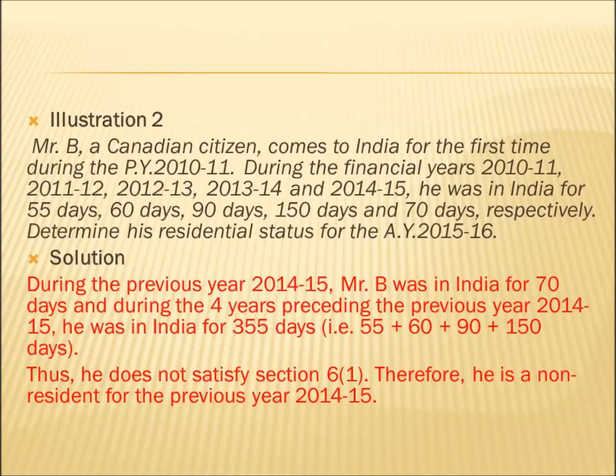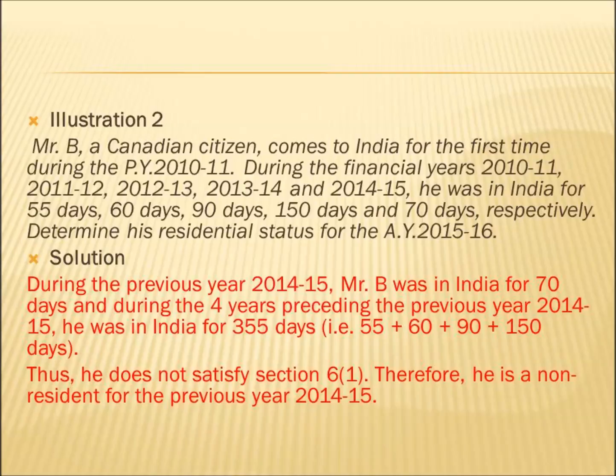And what was the second condition? The second condition was that he has been in India in the 4 years preceding the previous year for 365 days or more, and in the previous year for 60 days or more. So, during the previous year, he was in India for 70 days. So, the 60 days condition is being satisfied.